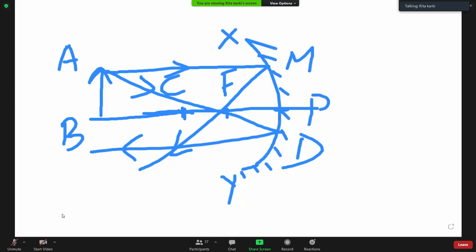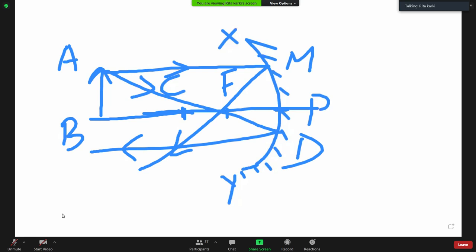There are several circumstances in which we can keep the object. This particular example is the ray diagram formed when the object is kept beyond the center of curvature.